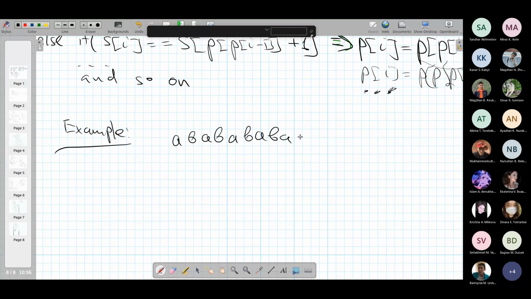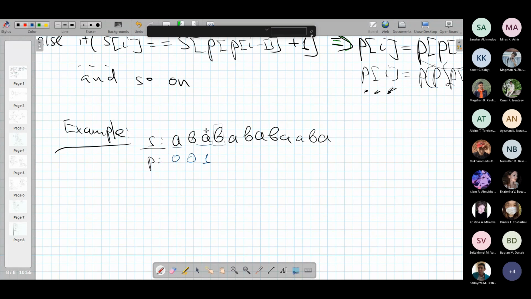B, A, B, A, B, A, like this. So this is string S, this is string P. This is the prefix function; in this line we will have the prefix function. Okay, so this is 0. This is 1. This is 0. This is 1. Okay, this equals to this.